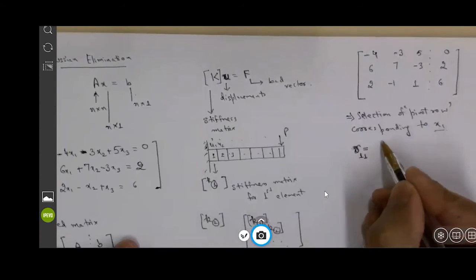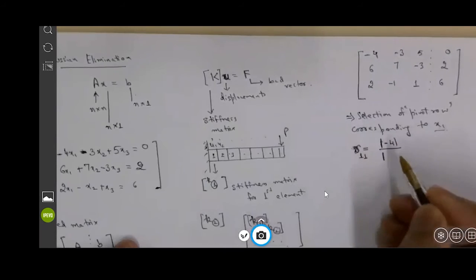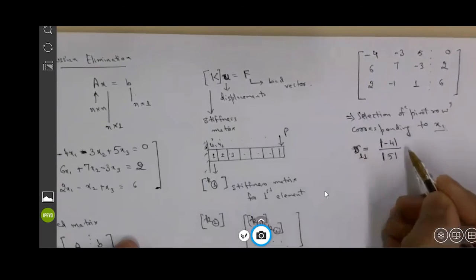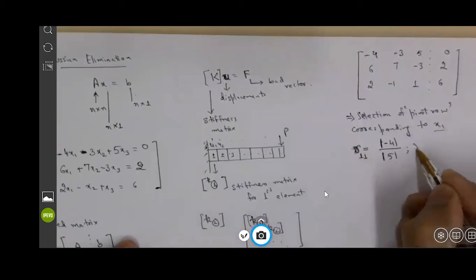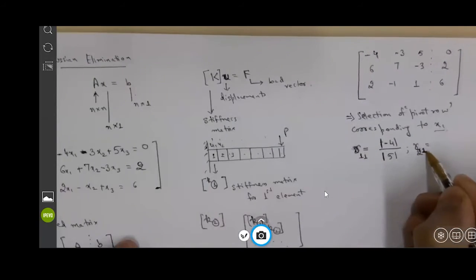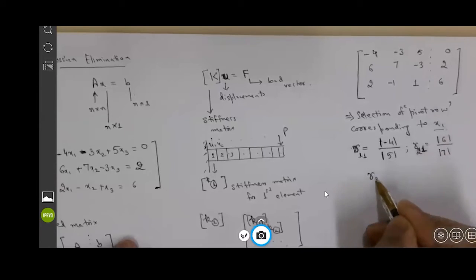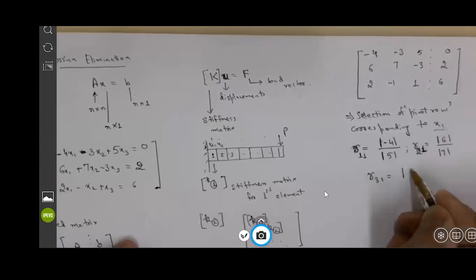It will be the ratio of -4 by 5. R21, I will explain in a minute, is 6 by 7, and R31 is 2 by 2.